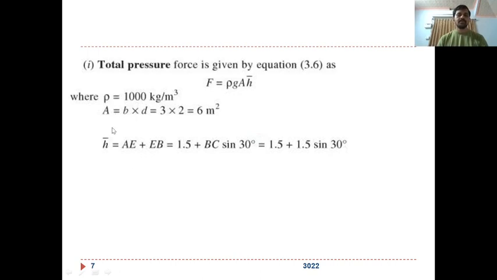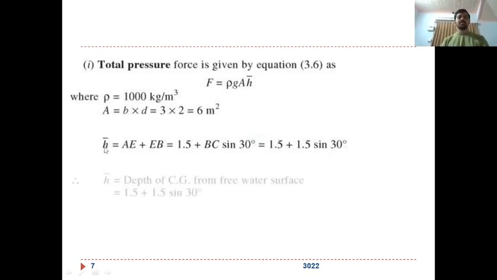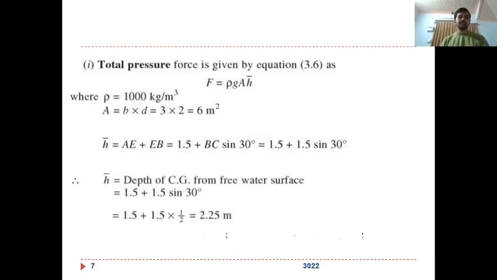So you will get the value of h bar. By knowing the value of h bar, you can calculate what F is. F is equal to 132435 newtons. When you substitute all the values in SI system of units, you will get F as total pressure as 132435.